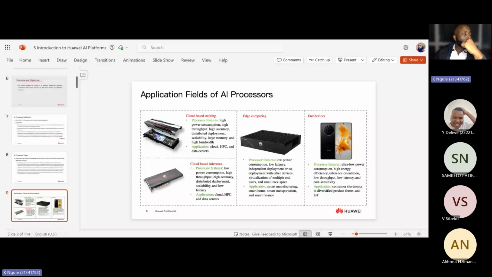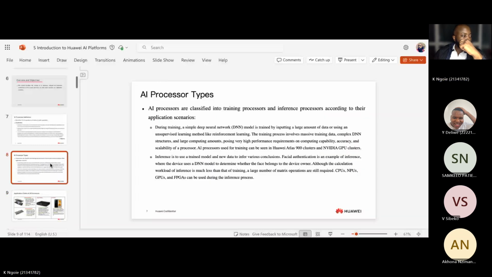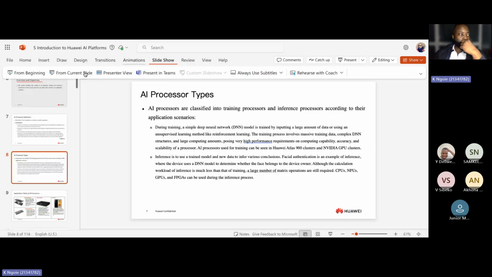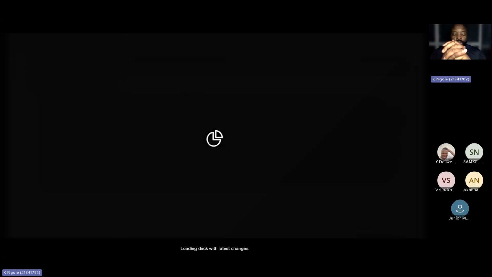So yesterday when we finished, we spoke about how AI processors will be classified into training processors and inference processors. So some of these processors will be used for training.